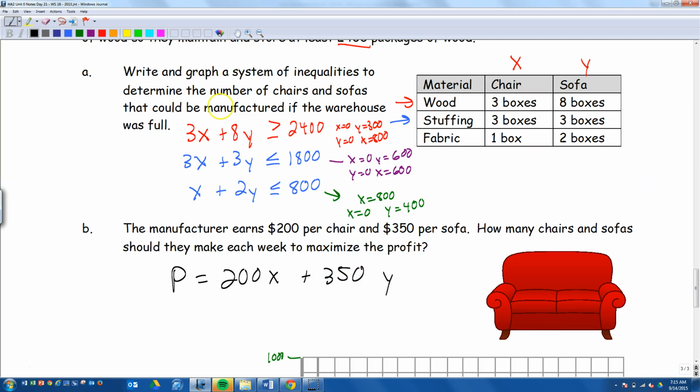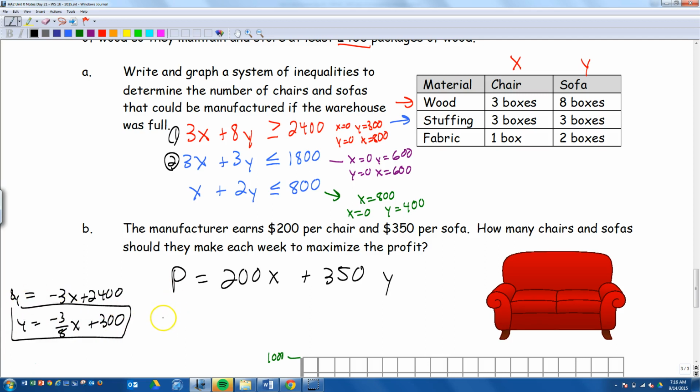Now, to find the intersection of these two, the first one and the second one, you can set them equal to Y and solve. So, for example, we get negative 3X plus 2400 equals 8Y. Y equals negative 3/8 X plus 300. That's one equation. And then the other equation is 3y equals negative 3x plus 1800.